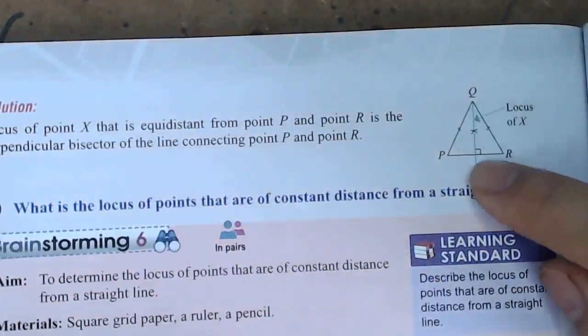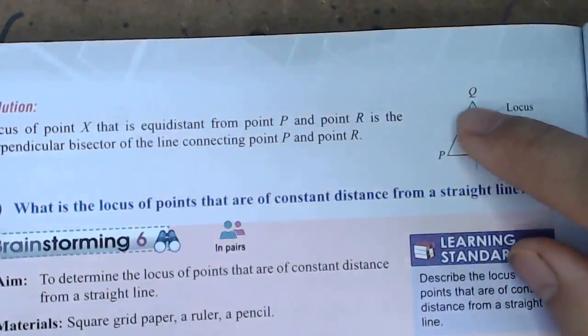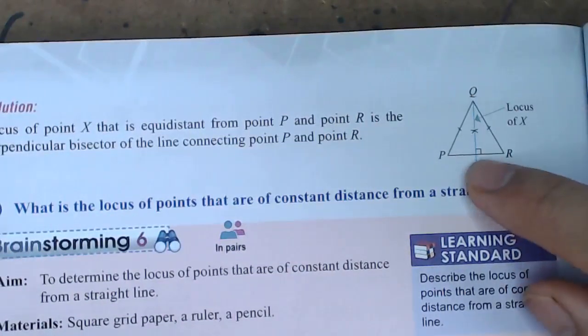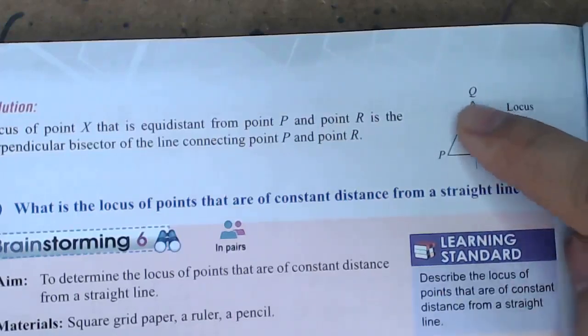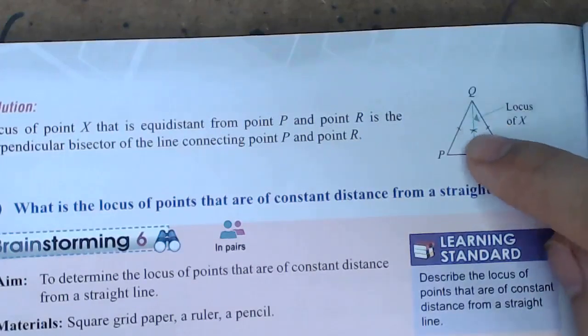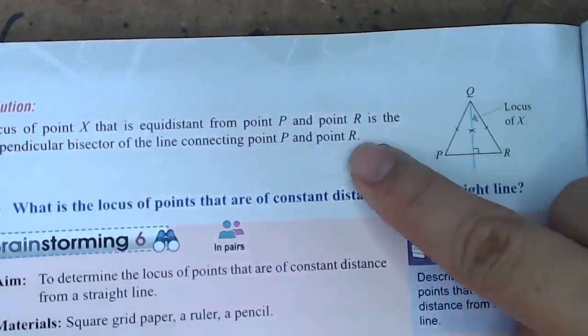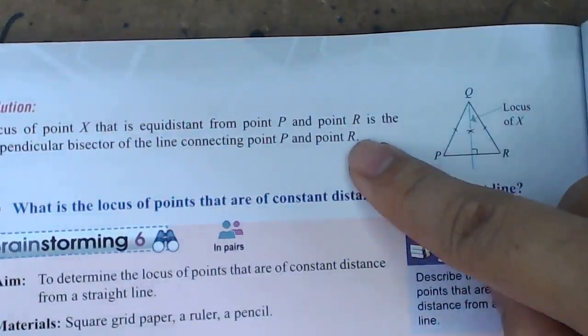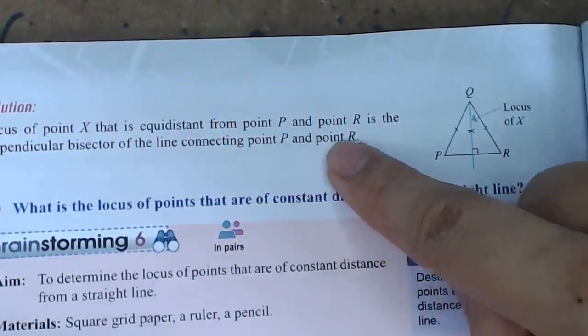We have this straight line here, which is the perpendicular bisector to line PR, and also passing through this point Q. Okay, it doesn't matter actually because they didn't mention the point Q. Only point P and point R.